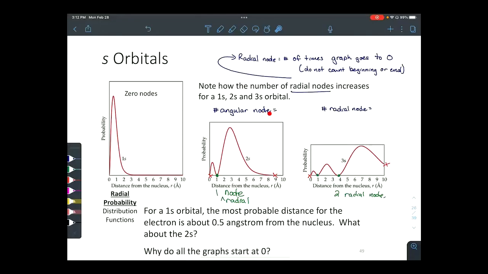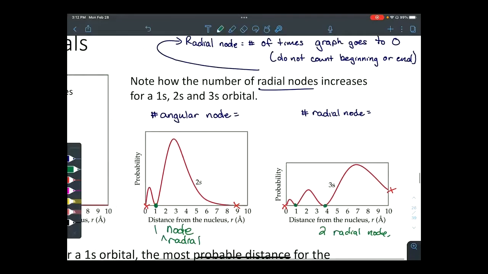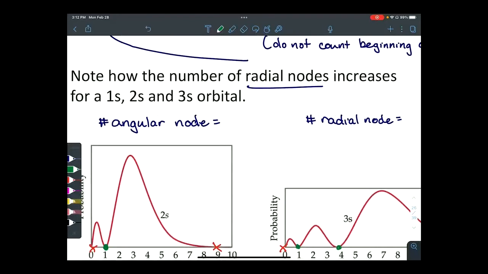So your number of angular nodes, do we recall, how do we figure out the number of angular nodes in an orbital? It's the L value, whatever that is. So in let's say a 2s orbital, how many angular nodes are there in a 2s orbital? S is an L equals 0, so in that case there's 0 angular nodes.